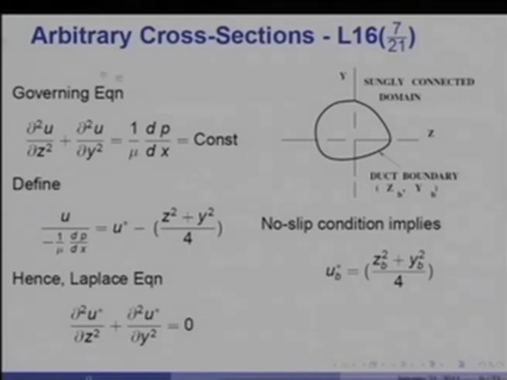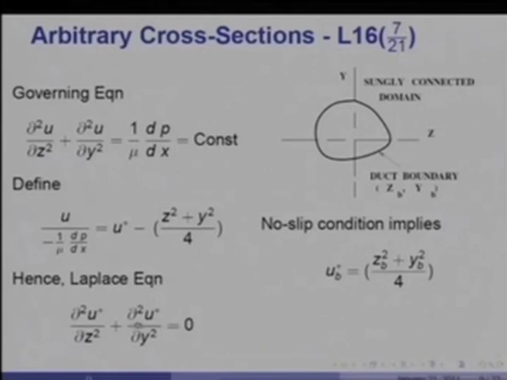But if I define u divided by minus (1/mu) dp/dx equal to u star minus (z² plus y²)/4, then substitution of this in this equation would readily show that a Laplace equation results, in other words, whose right hand side is 0. And since u is 0 on the boundaries, u star boundary would be equal to (z_b² plus y_b²)/4. U star b of course, is a fictitious function which takes finite values on the boundaries.